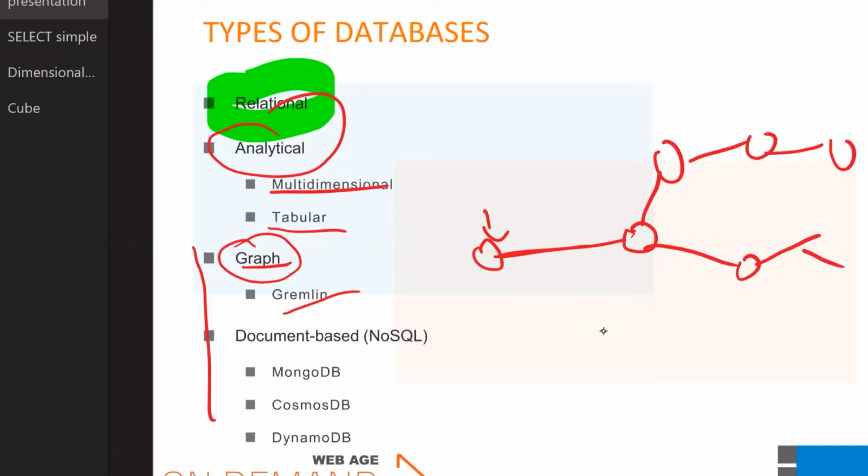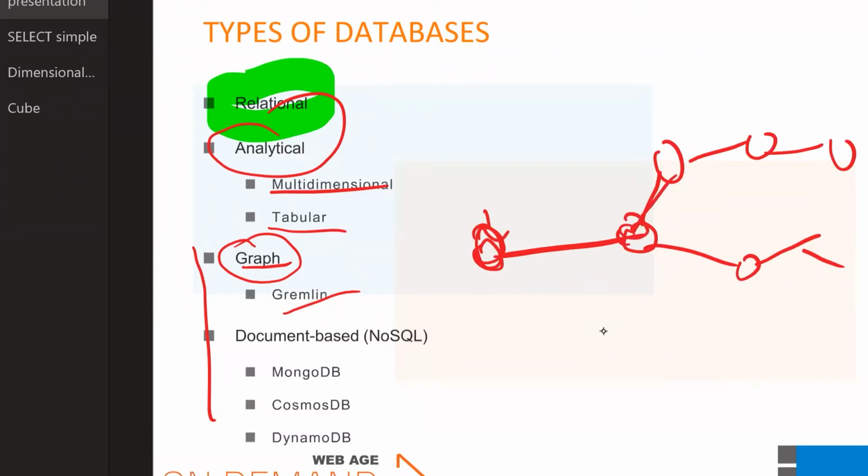Likewise, another example would be social networking sites, for example Facebook. Facebook usually keeps track of who knows who. If this is one of the Facebook users, who does this person know?